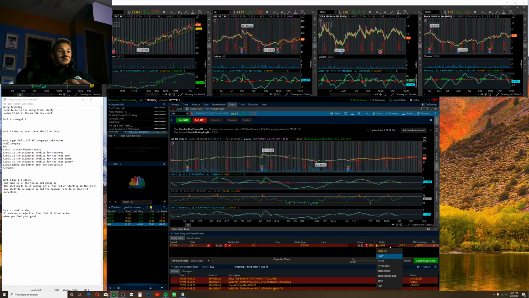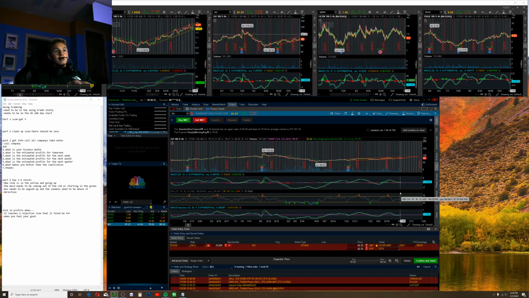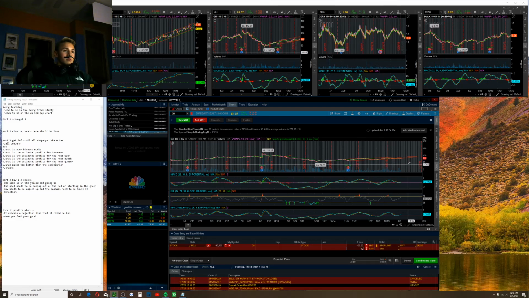And you're going to want to set your limit. You want to go to stop and limit. So this is the limit price. So if we set the limit at $100, then we set the stop price at what it was originally, 72.